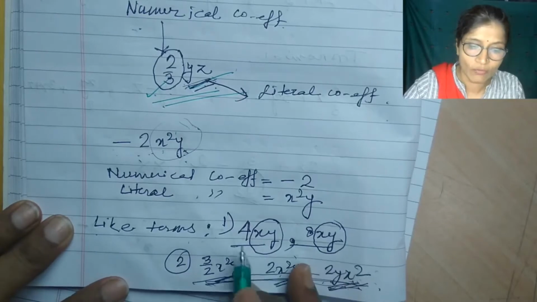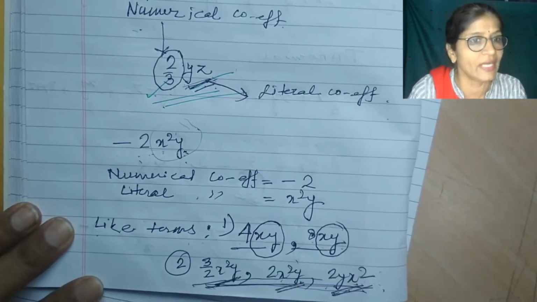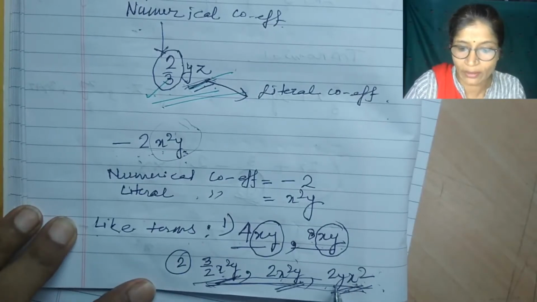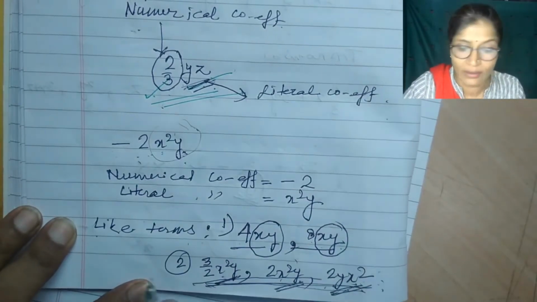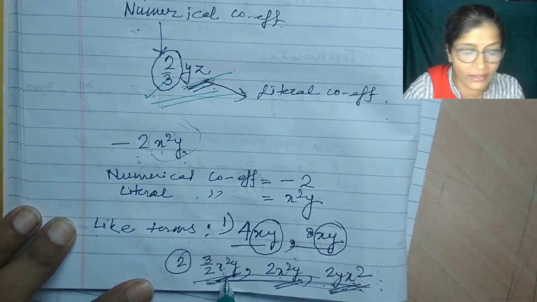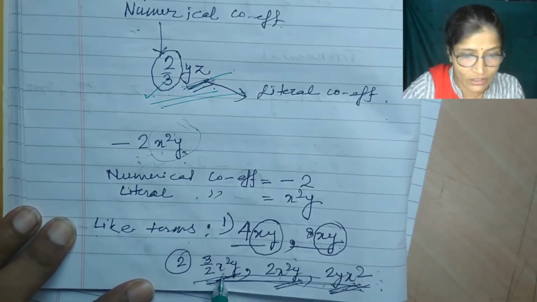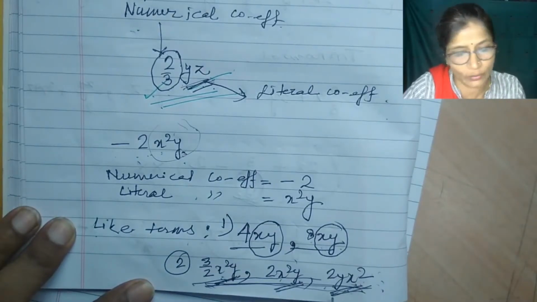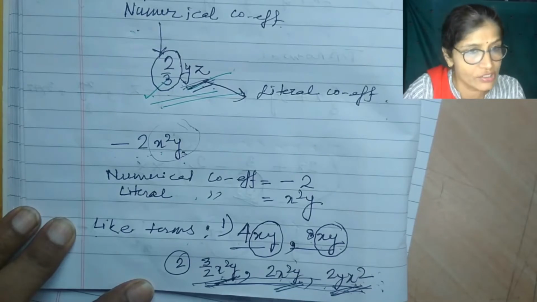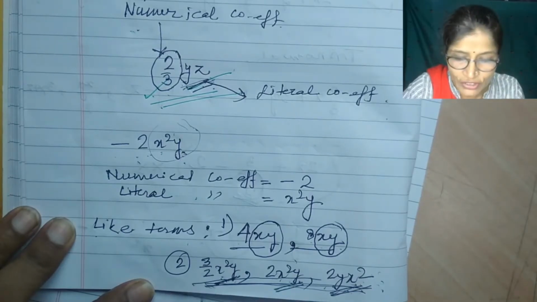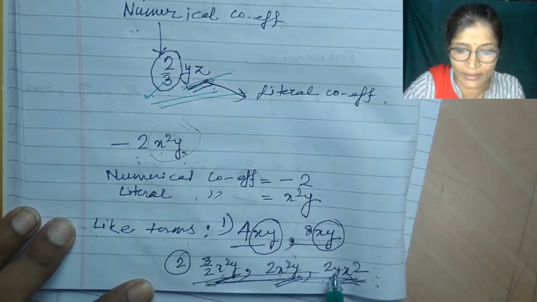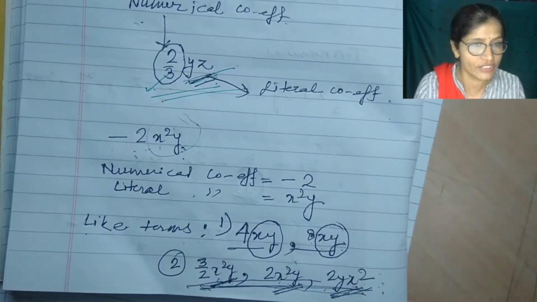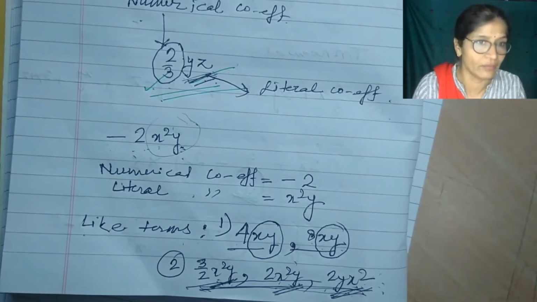For example, 4xy and 8xy are like terms. 3 by 2 x square y, 2x square y, minus 2y x square, they are like terms because all have the literal coefficient x square y, and y x square means x square y. The numerical coefficients are not the same: 3 by 2, 2, and 2, but since the literal coefficient is the same, they are like terms.